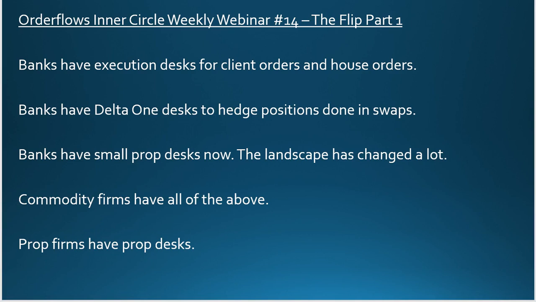Now banks, let me get to the third one here. They have small prop desks now. The landscape has changed a lot with a lot of these banking rules. Banks have really had to cut down their prop desks. Back 30 years ago, even 20 years ago, banks had a lot of prop traders, basically betting the bank's money.